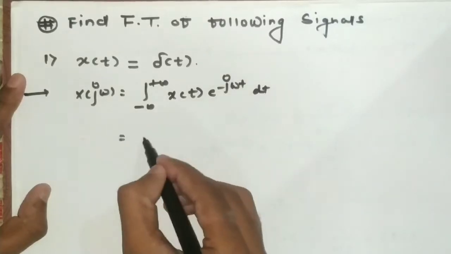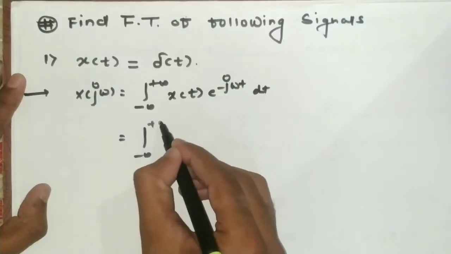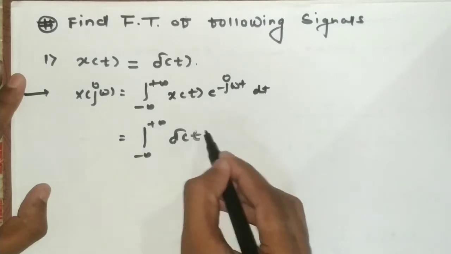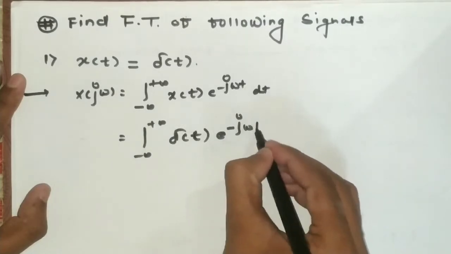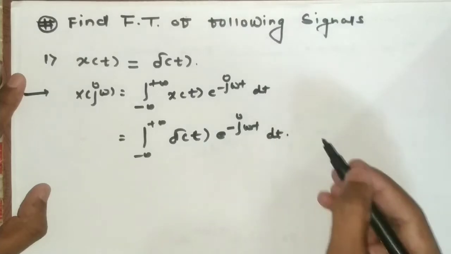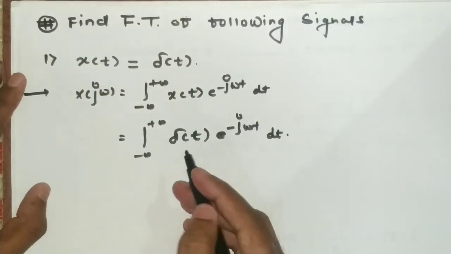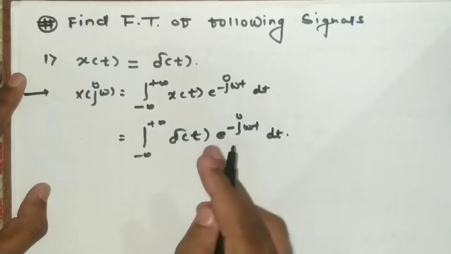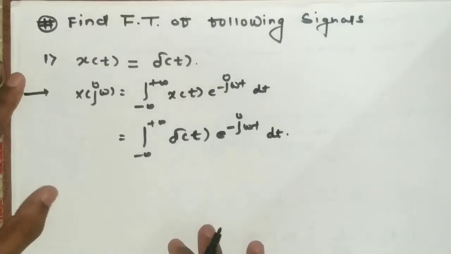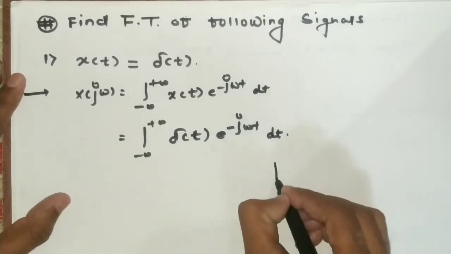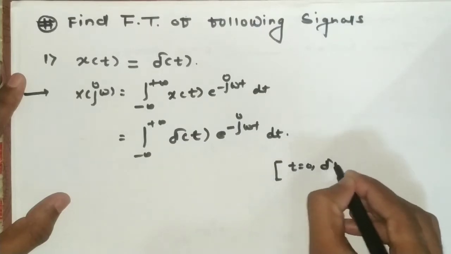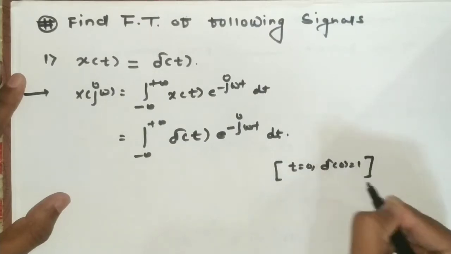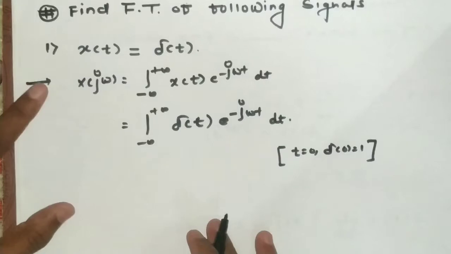Now let us put del t over here, so we get del of t into e raised to minus j omega t dt. This is an impulse function, and we know its property: it exists only for a single value of t, that is at t equals 0, del 0 equals 1, and otherwise its value is 0.